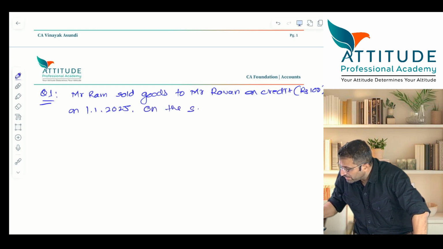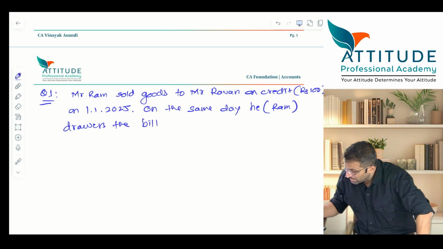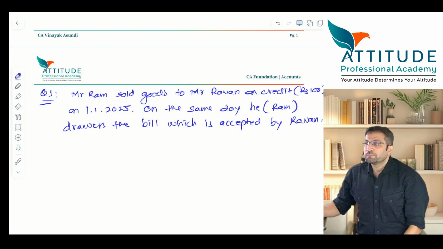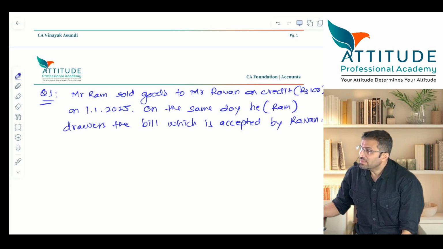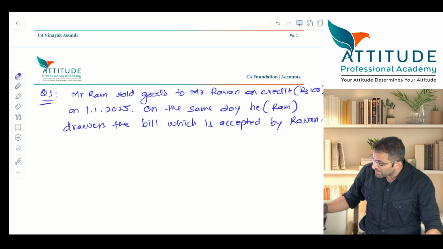On the same day, Ram draws the bill which is accepted by Ravan. I hope all of you are able to understand. Up till here the sum is very simple.